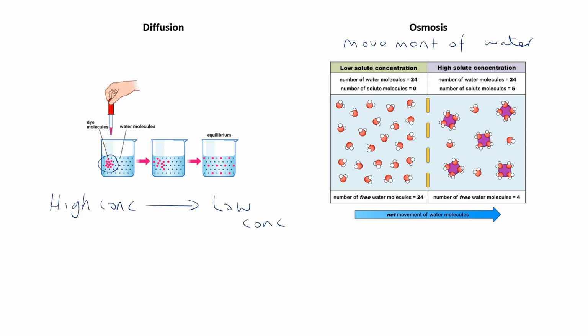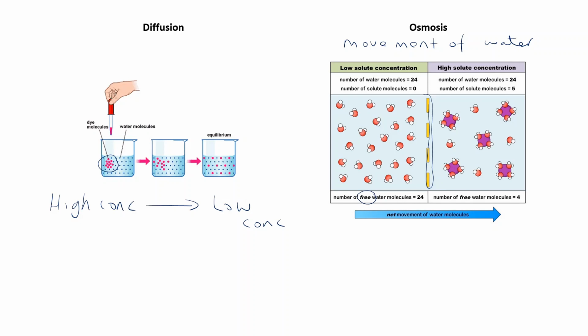Basically, it's depicted in this picture, whereby if we have a selectively permeable membrane, so we have a membrane here between the two sides of a chamber, and on one side we have a high concentration of free water molecules. So free just simply means that they're not associated with any solutes.